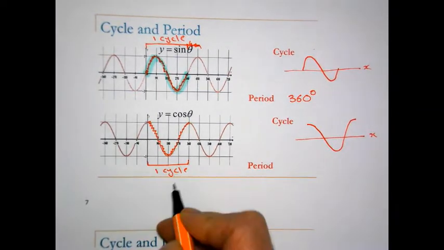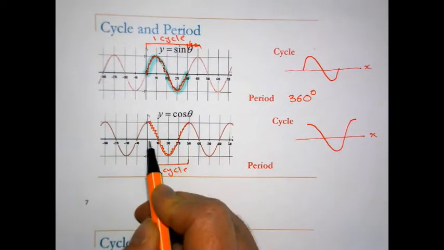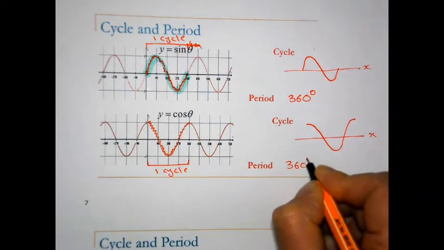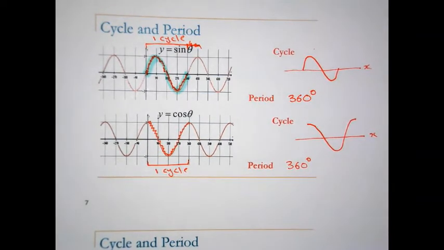And then the period is the length of this cycle, which is 360 degrees. So for both sine and cosine, the period is 360 degrees. Now, period and cycle are not only for sine and cosine functions. You can have them for any periodic function.